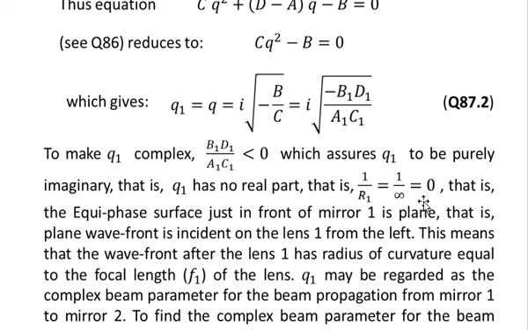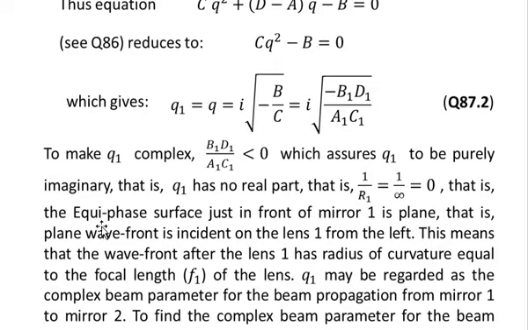Because we want q1 to be completely a complex quantity, purely a complex quantity. So the real part must be 0. That's why we have set r1 goes to infinity. You know that when you set r1 to infinity, what does that mean?